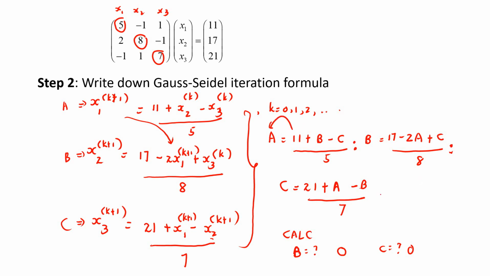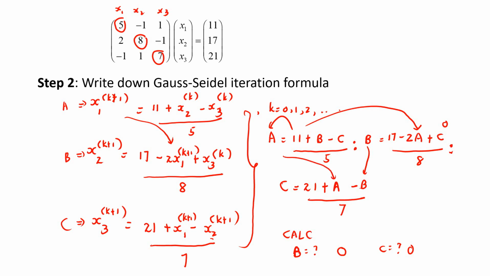And then this is a simultaneous equation. So the A value, later on put it here. C is still 0. The A value, which is kept in the memory in variable A, you put it here. C is still 0. So you get B. Once you have the B value, you plug it in here.